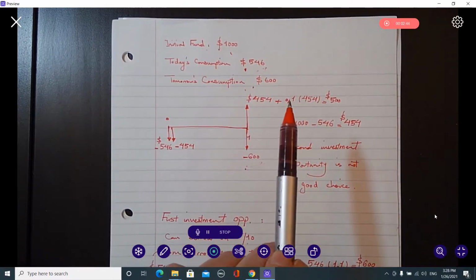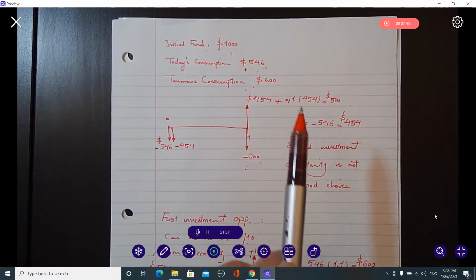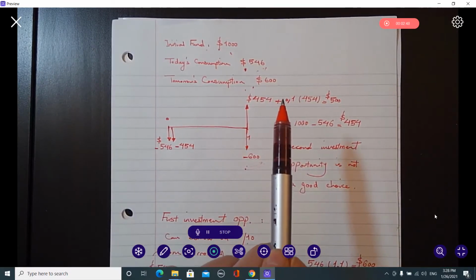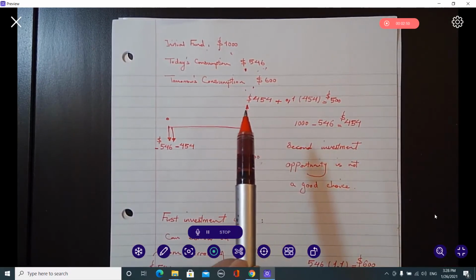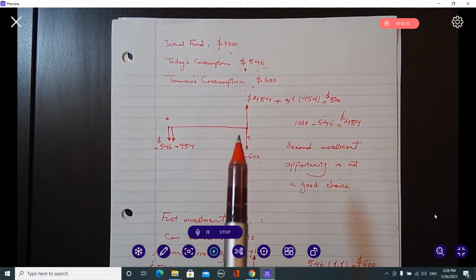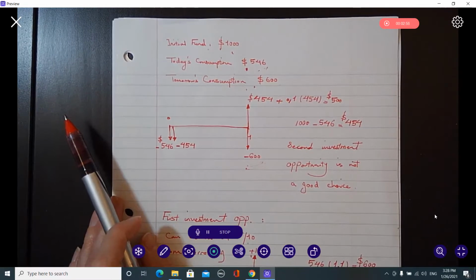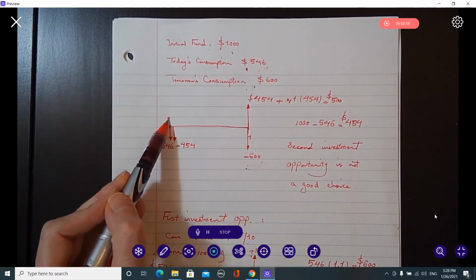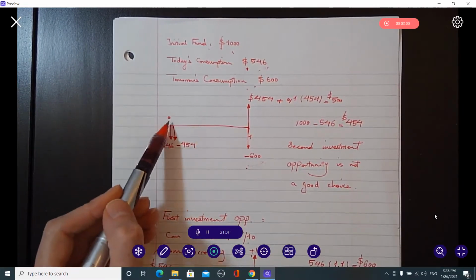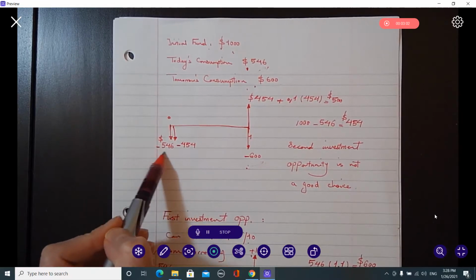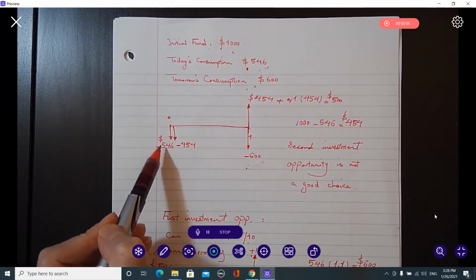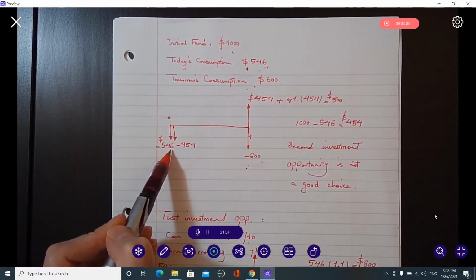So let's consider the second option. Assume that the individual decides to invest in the second investment opportunity. At time zero, first he pays for his consumption, which is $546.